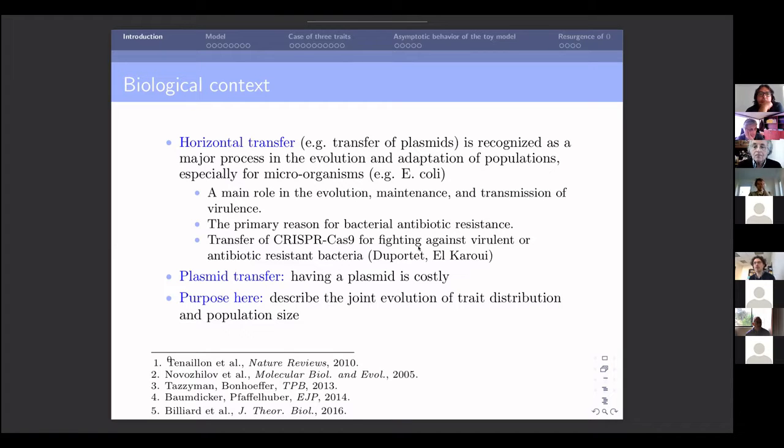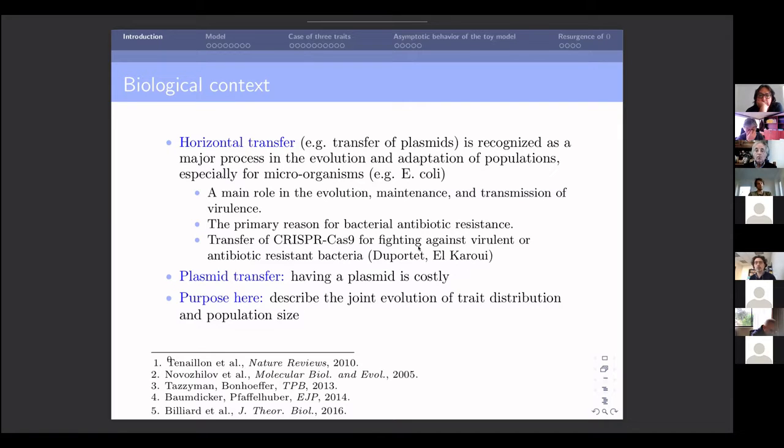If you think of pathogenic bacteria, they may be more or less virulent, and those that survive are able to transmit their plasmids to other bacteria that will become as virulent because they will have the good mutations or the good proteins. So this is one effect related to horizontal transfer: transmission of virulence.